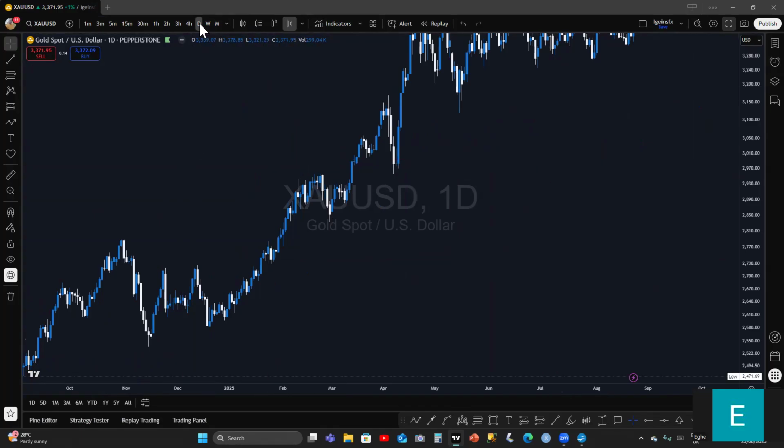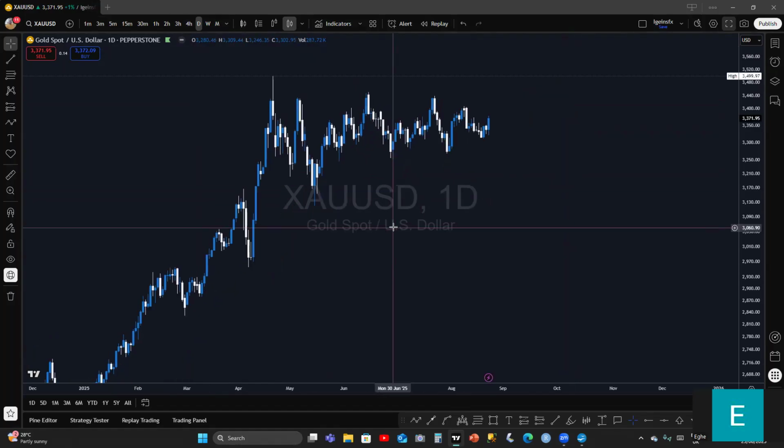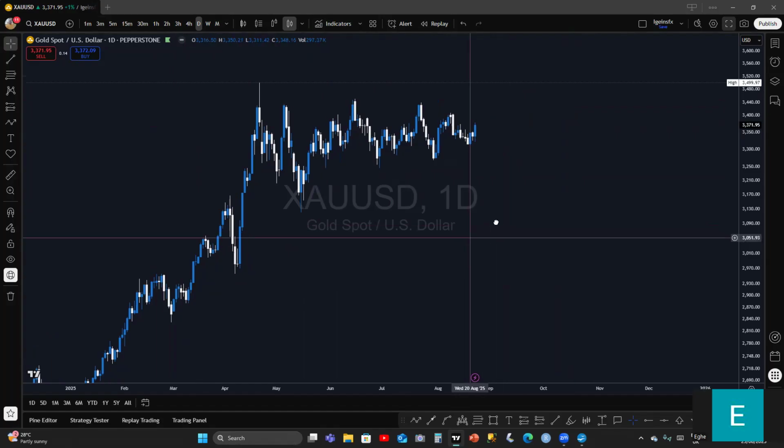So we click the daily time frame. Now I told you each candle represents that time frame. If you're on daily, one candle represents a day. If you're on 4 hour, one candle represents 4 hours. So we're on daily, that means these candlesticks you see represent 1 day.